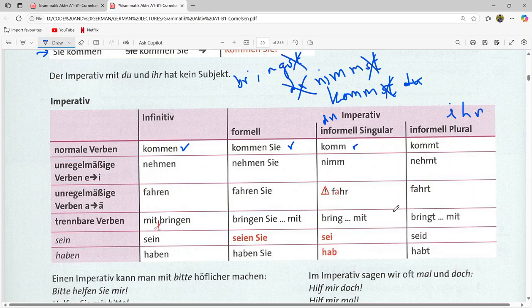St will be removed, just bring mit, and in the ihr form it is bringt mit, like this. Okay, and in the sein form, seien Sie, sei and seid. Haben Sie, habt. So if you do the task, this topic is quite easy. If you do the task, you will just get it.